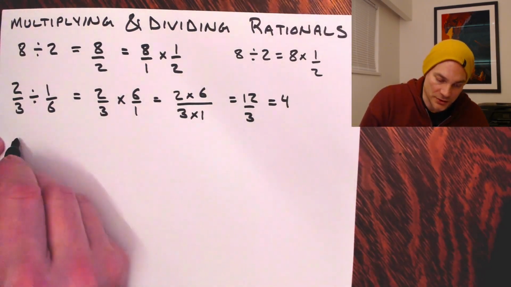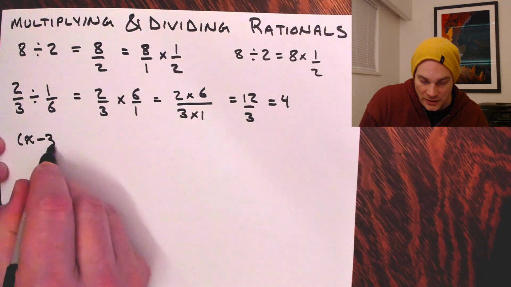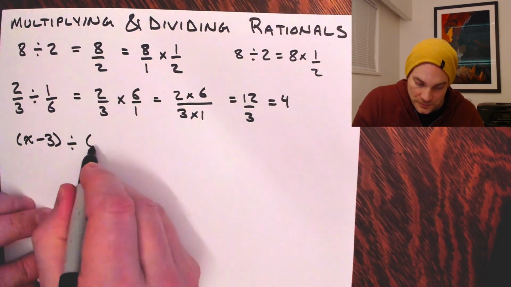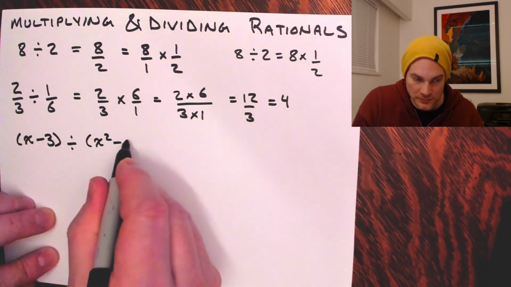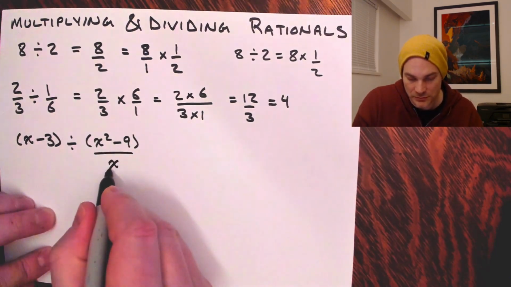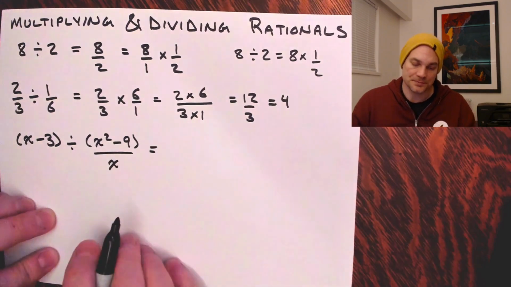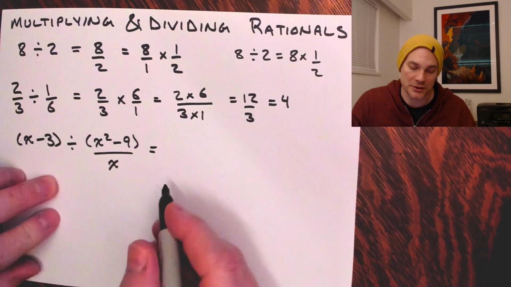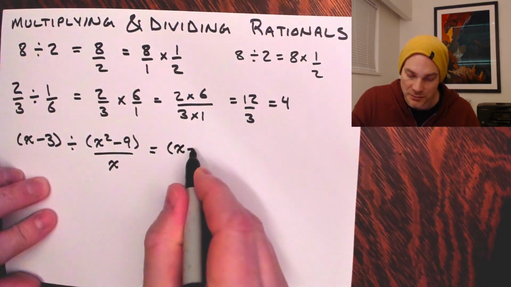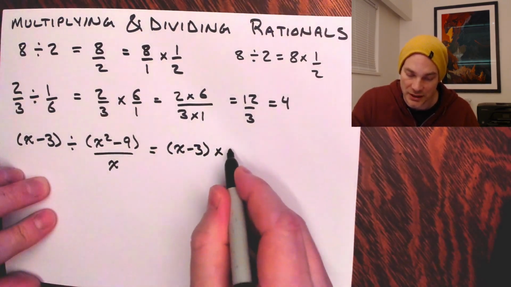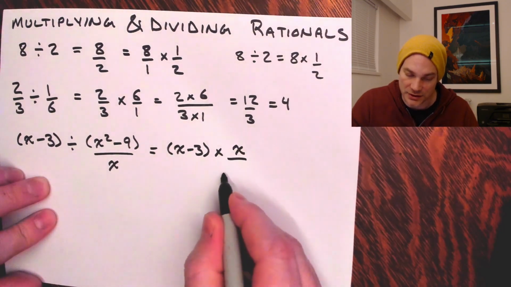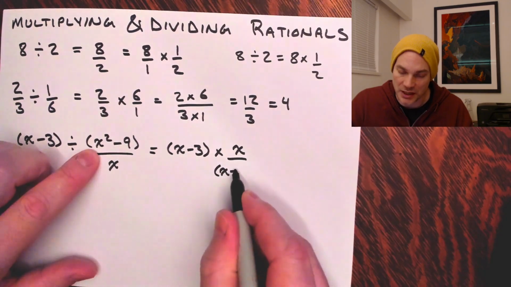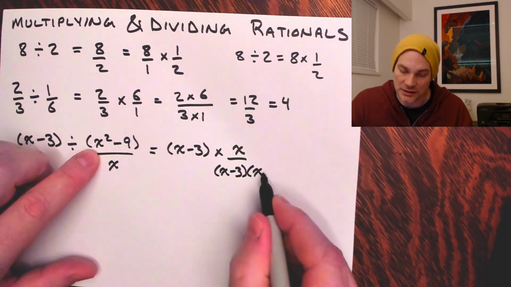So now let's go to something a little bit more complicated here. Okay, so I'm going to factor this. I'm also going to flip this sign in the ratio. I have x minus 3, and now I have times x over, and if I factor that, that's going to be x minus 3, x plus 3.